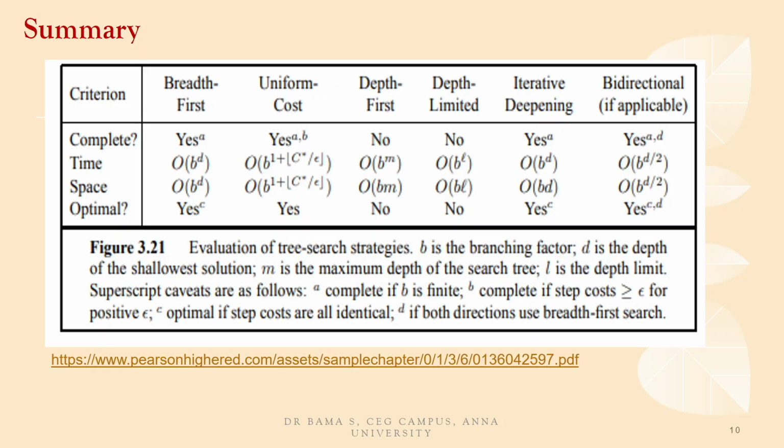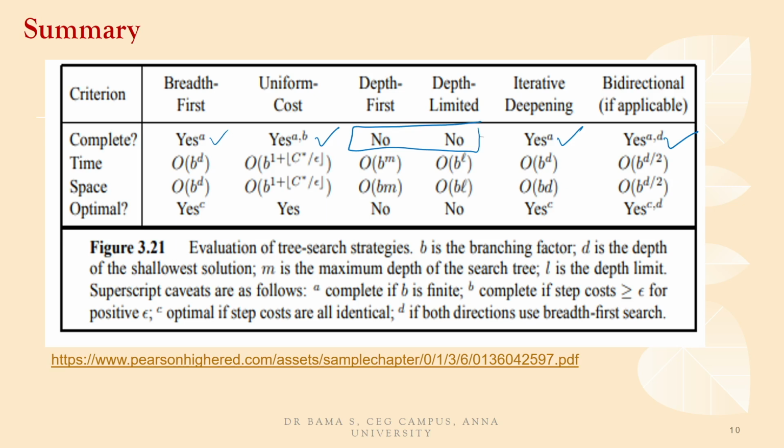Now, as a summary, we have given the details of the performance of different uninformed search techniques, where you could see the completeness with respect to BFS, uniform cost search, iterative deepening and bidirectional. Depth first search is not complete, because it can get stuck in a loop, and if the depth is infinite, the search may go only in one direction.